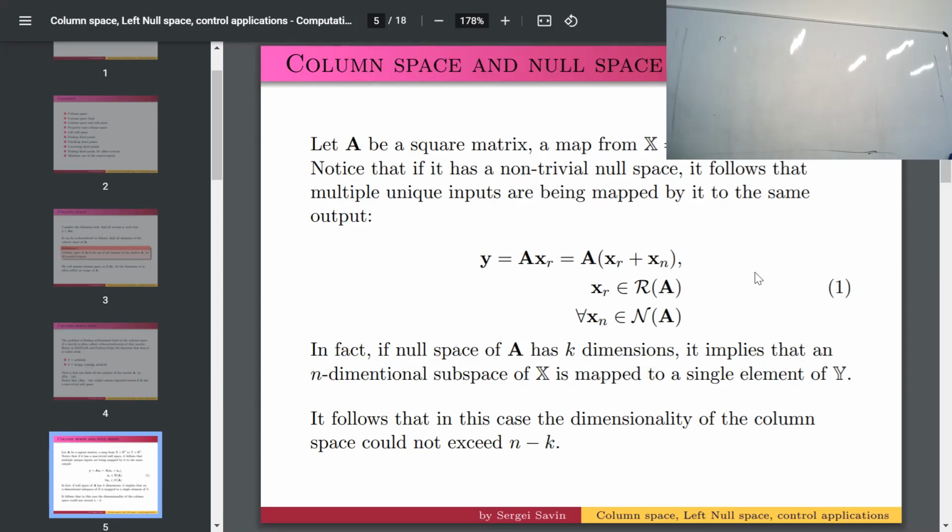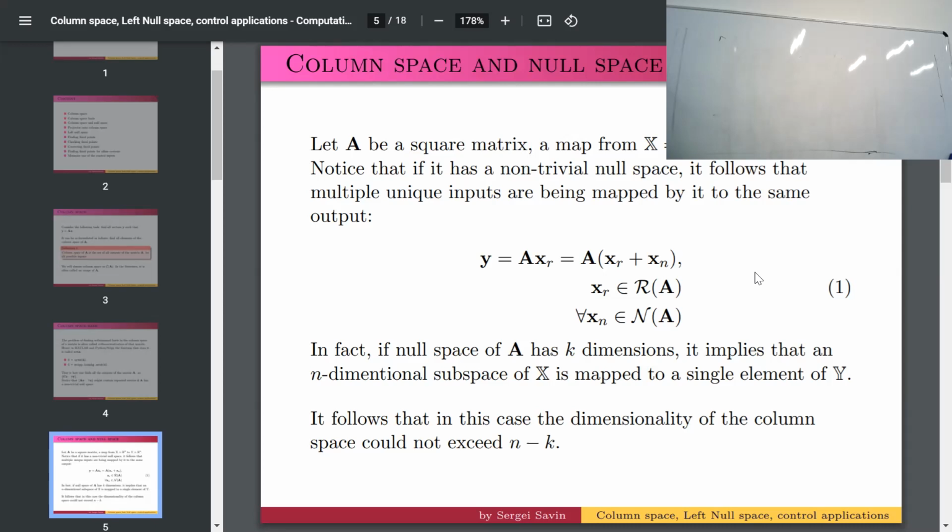This is again a one-to-one operator kind of argument, because if you had an output space of more than n minus k dimensions, I would ask you, please give me unique input points for every output point, and you wouldn't be able to do it. For any unique output point, you can give me only one unique input point, right?